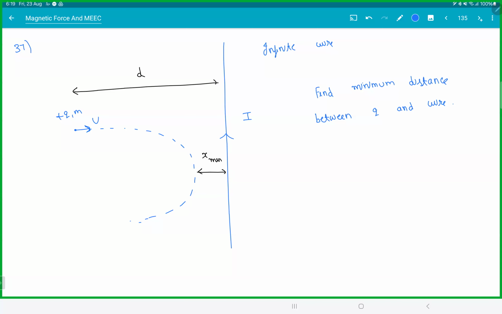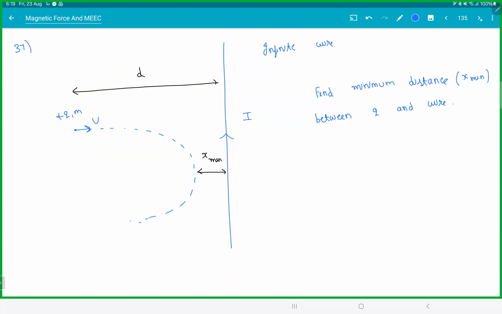If you have to solve this from the options, if you put u as 0, the answer will be d, right? It won't move. That much you can say. And second, you have to find x minimum in terms of u. I'm just trying to guess if this comes in the question and there are options.